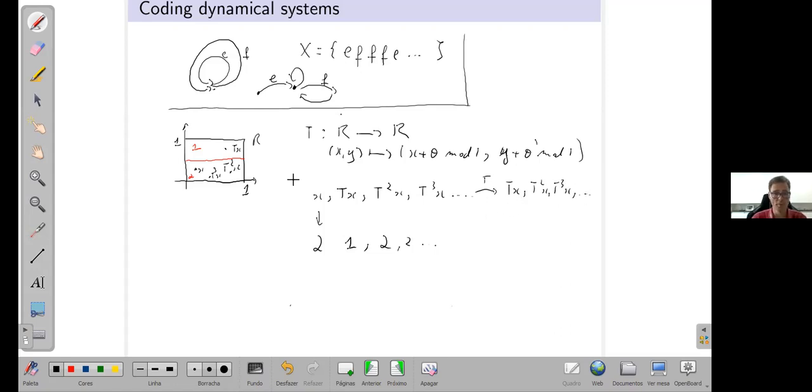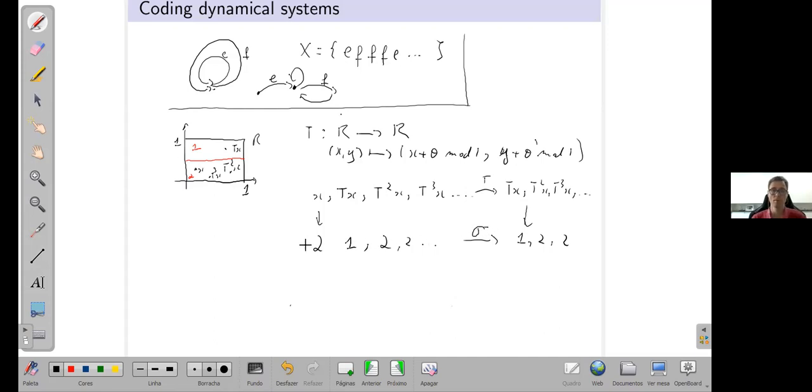All right. So if I look at this code that I just described, and I go down here, well, T of X was in the first rectangle, right? So it goes to 1, T square was in the second, 2, 2. So what I did, if I look down below here, was to just erase the first entry. So that's the shift map. Okay.